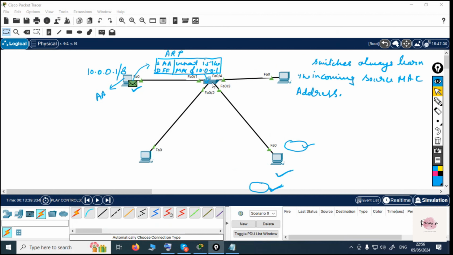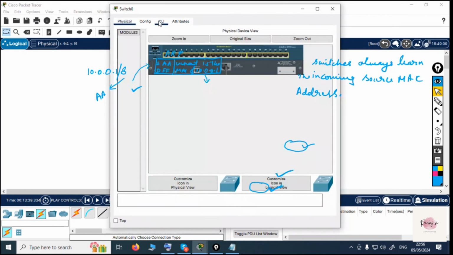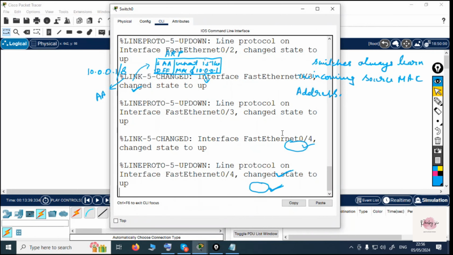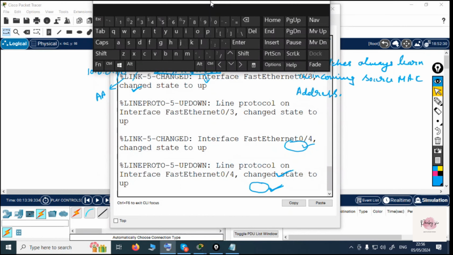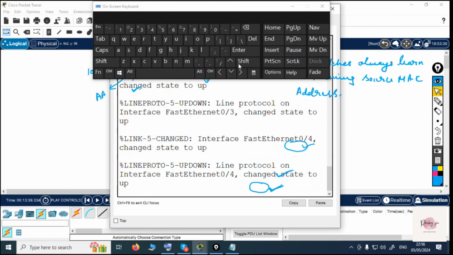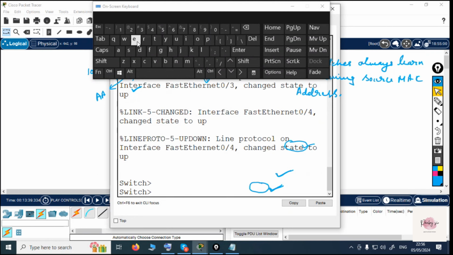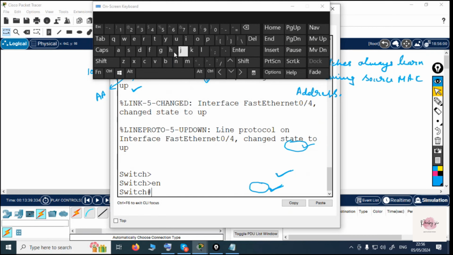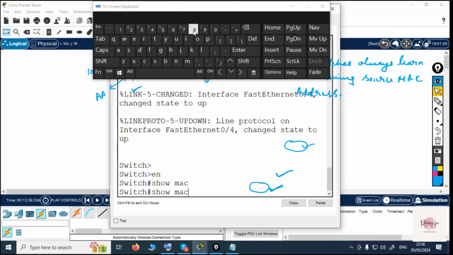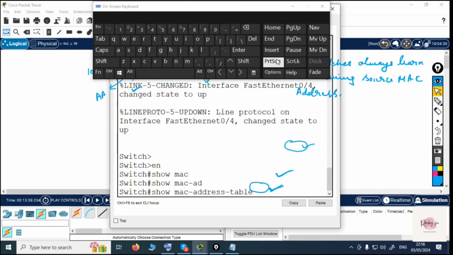So let us see its MAC address table first. Show MAC address table.